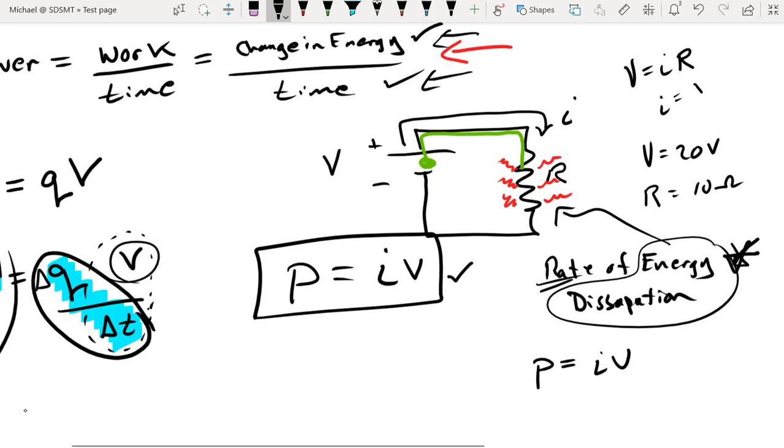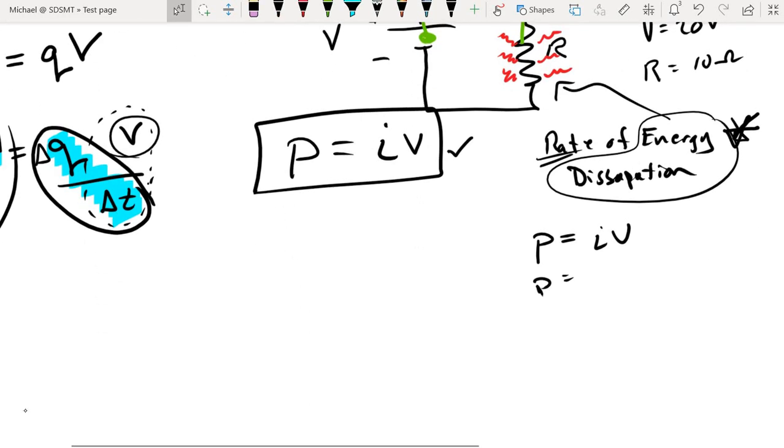We have potential of the battery over resistance, 20 over 10 makes 2. So we have 2 amps. That's the current. 2 amps, and a potential of 20 volts gives us 40.